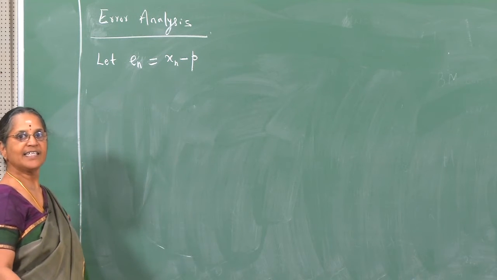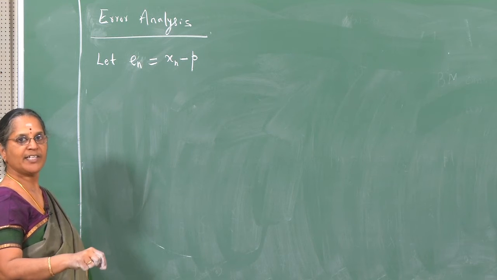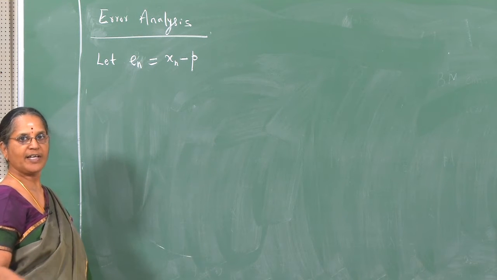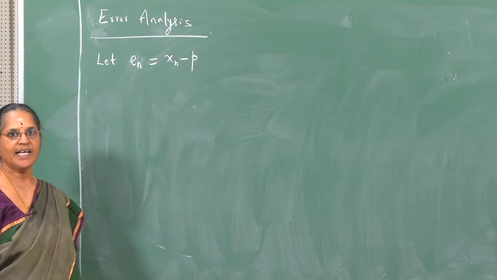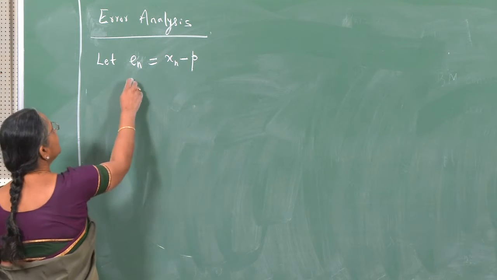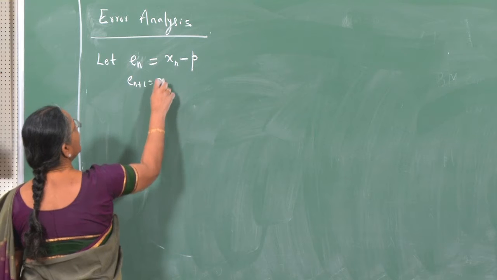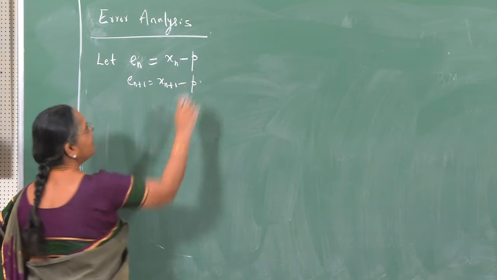Xn is the nth approximation that we obtained using Newton-Raphson method and p is the exact root of the equation f of x is equal to 0. So, En plus 1 will be xn plus 1 minus p.